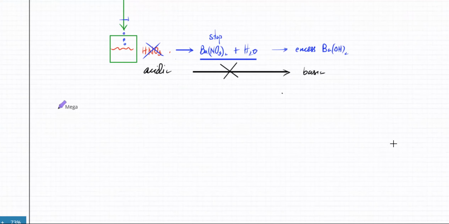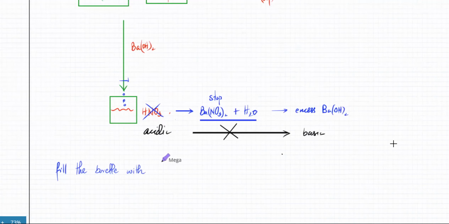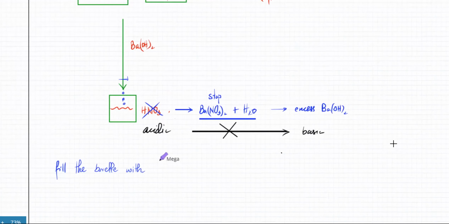Fill the burette. That's the first one. Fill the burette with what did we fill it with? Barium hydroxide, aqueous.